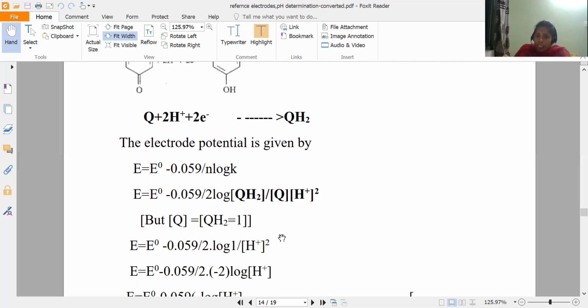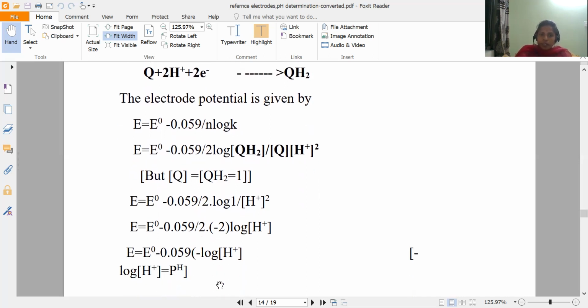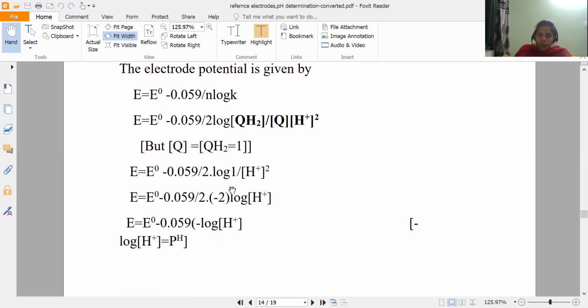So m, that is minus 2, will come to the front: log H plus. Here minus 2 is in the numerator, 2 is in the denominator. 2 gets cancelled with each other. When 2 cancel with each other, we will get E is equal to E naught minus 0.059 times minus log of H plus.